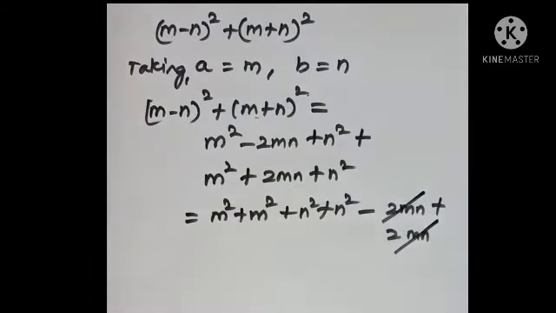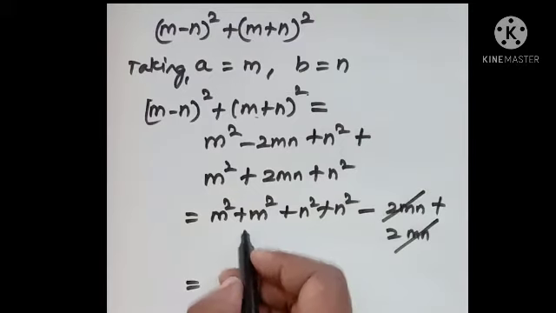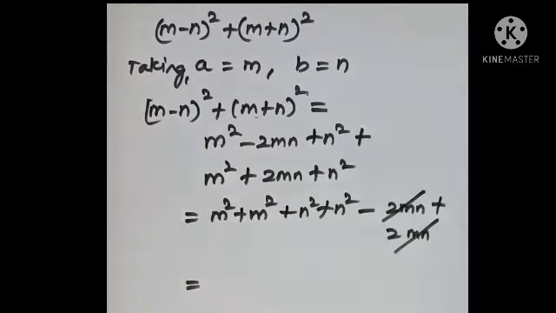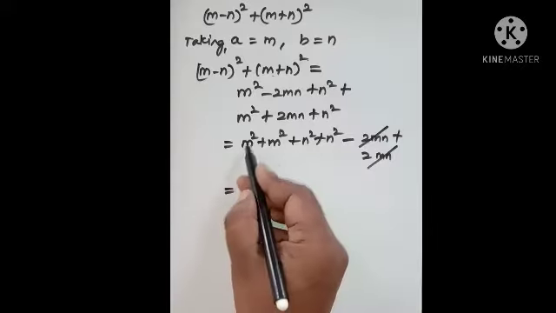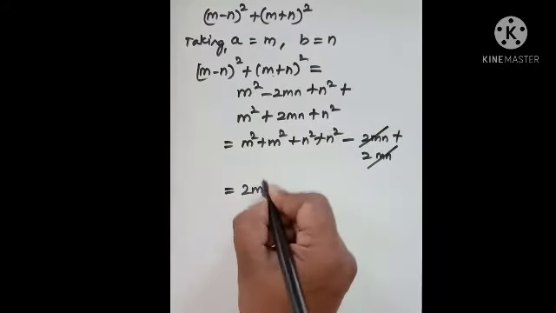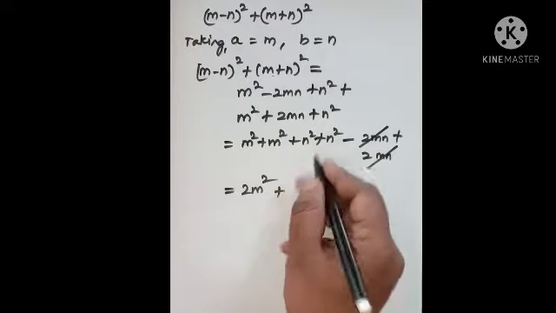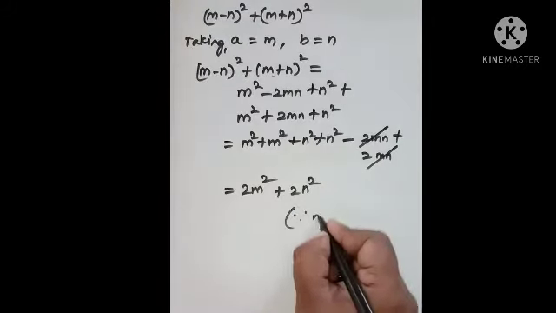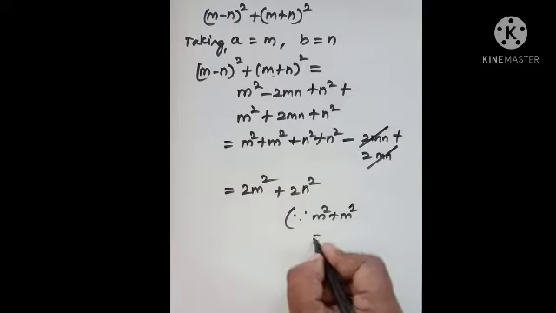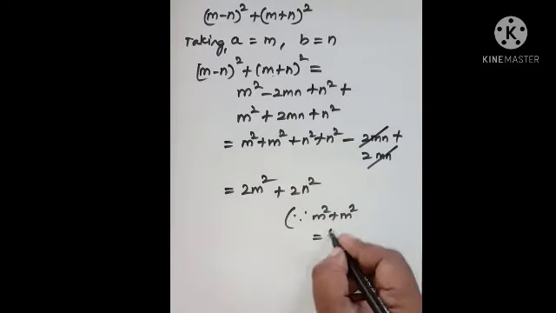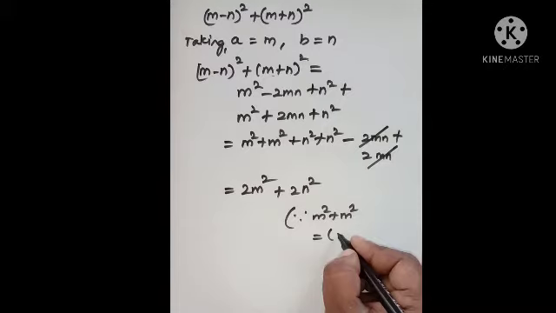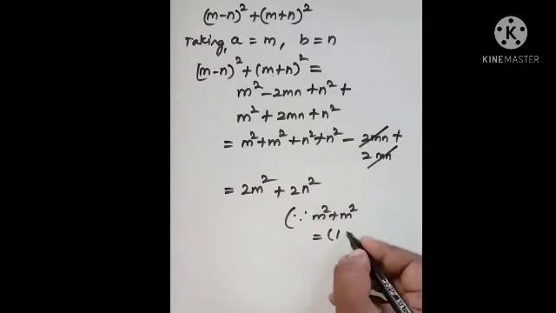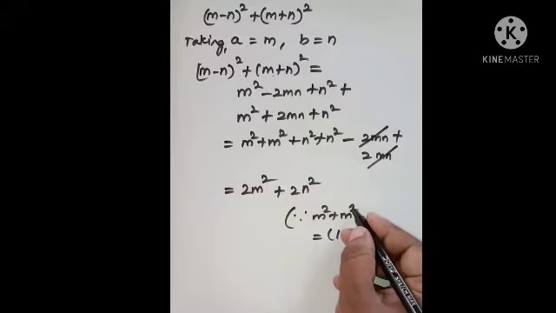Here these two values are cancelled, and m square plus m square is 2m square, n square plus n square is 2n square. These are like terms. When we add like terms, we add the coefficients of like terms alone. What is the coefficient of m square here?